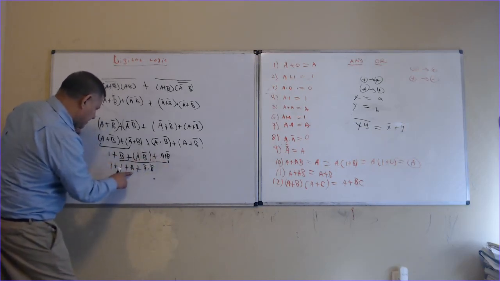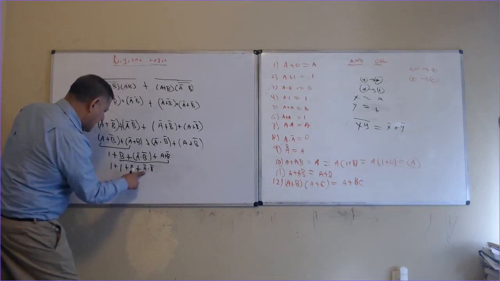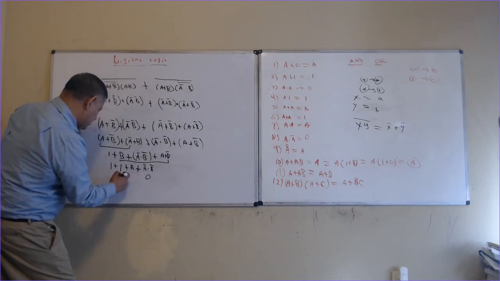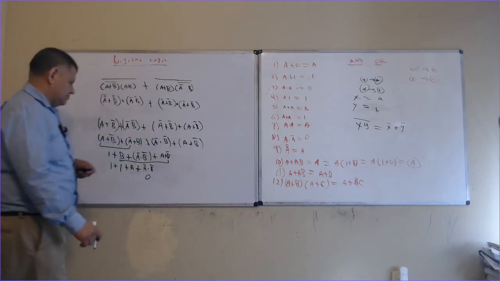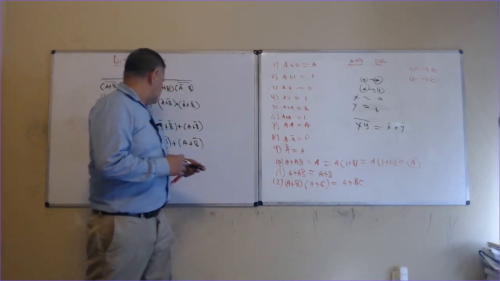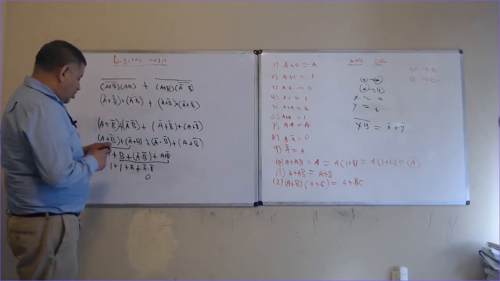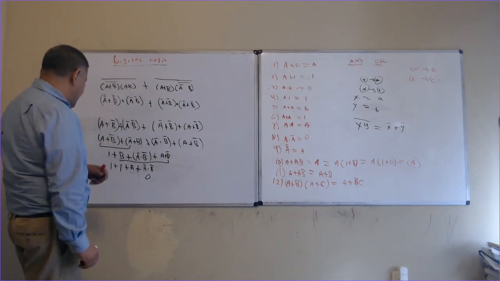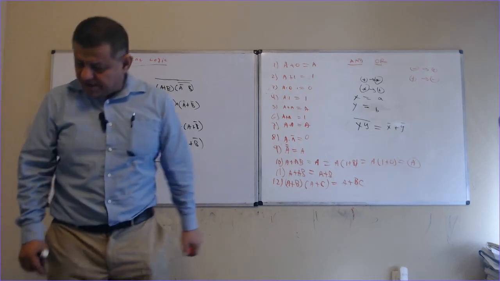I got my A over here, then I got my A, not B, which is equal to 0. And again, this is nothing but just 1. So the whole thing, no matter how you simplify it, is equal to 1.